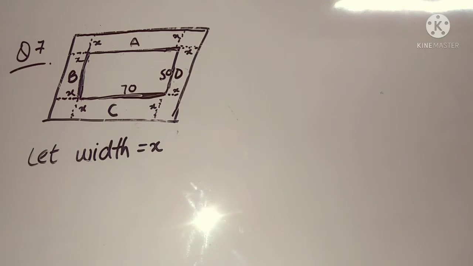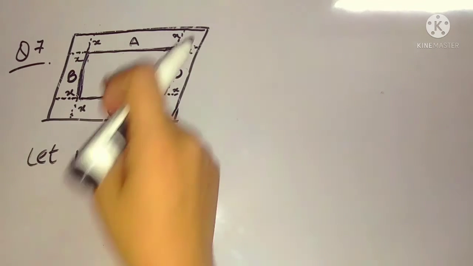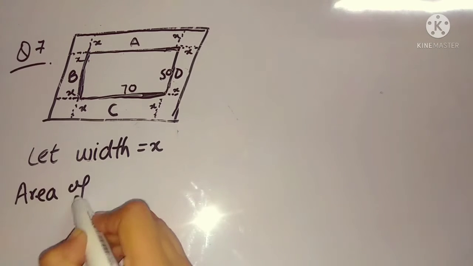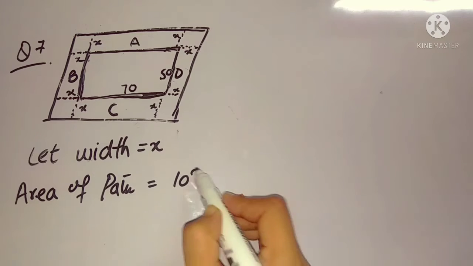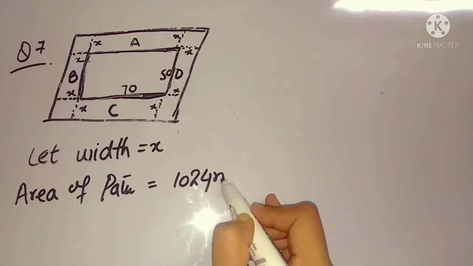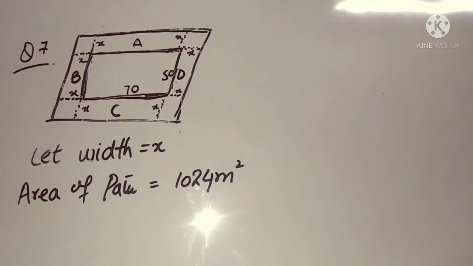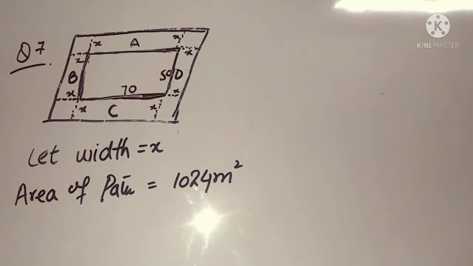As we have assumed that the width is x, now the area of this path is given. So we'll say that the area of the path is equal to 1024 meters square. But students, in the area of the path we have four squares and four rectangles.